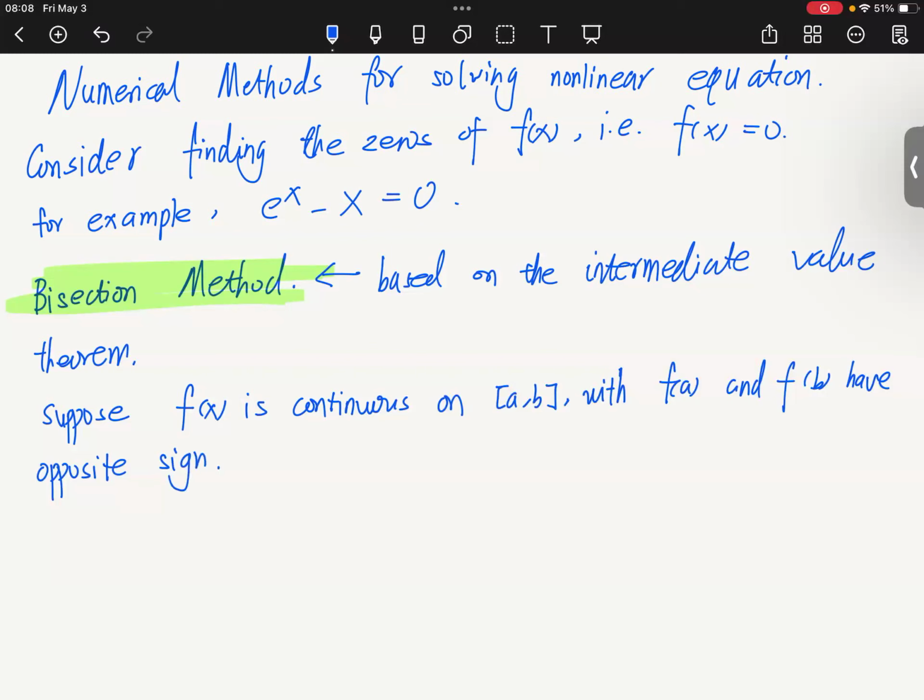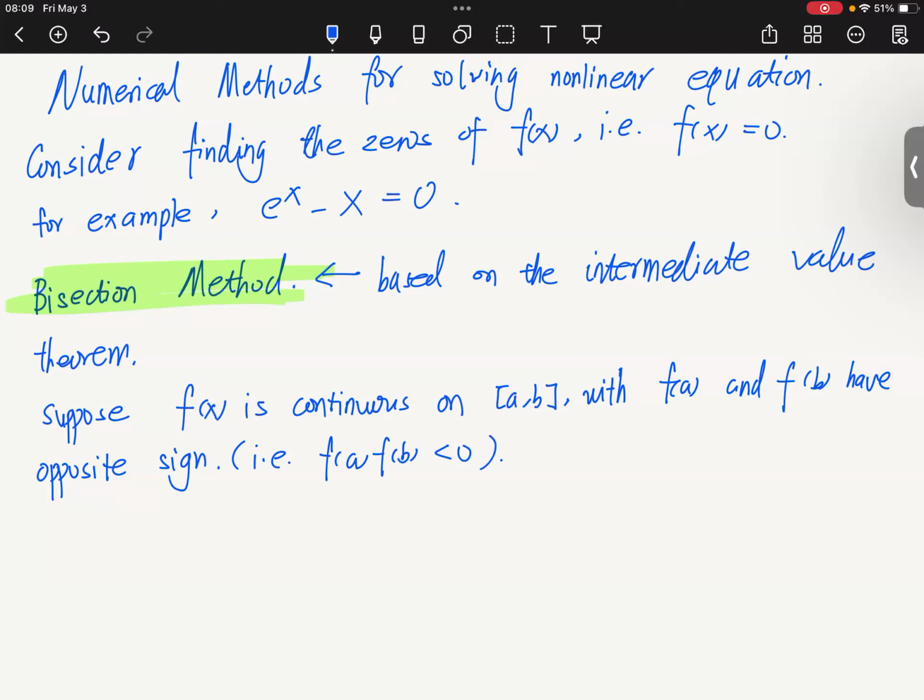Which also means that f(a) times f(b) is smaller than 0, right?